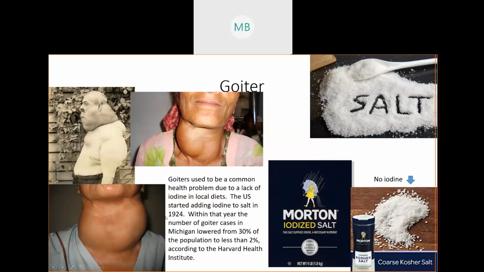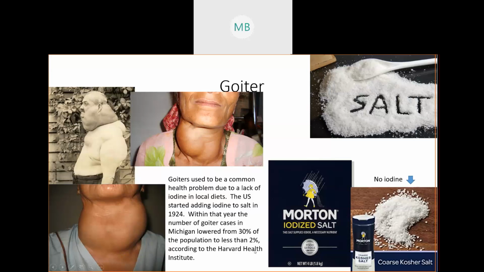Within that first year, just in the state of Michigan alone, the number of goiter cases dropped from about 30% of the population to less than 2%, which shows you how little iodine was in Michigan's soil. But just adding iodine to salt helped this many people.